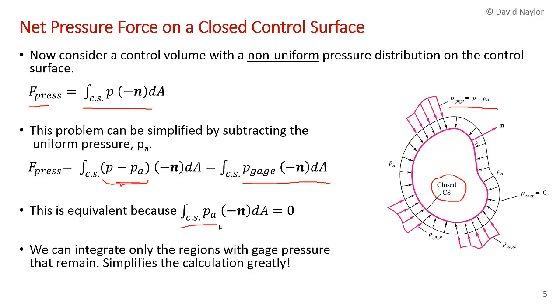We subtracted off basically PA dA, the uniform, and we know that integral is 0, so we haven't changed anything. So the result is that we can integrate only over regions with non-zero gauge pressure. We don't need to integrate over the entire object. We just need to perform the integration over these regions where we have a non-zero gauge pressure, and that makes the calculation much less complex.